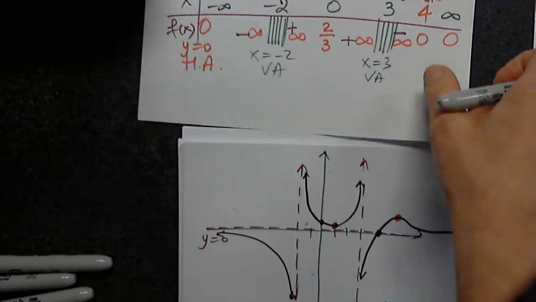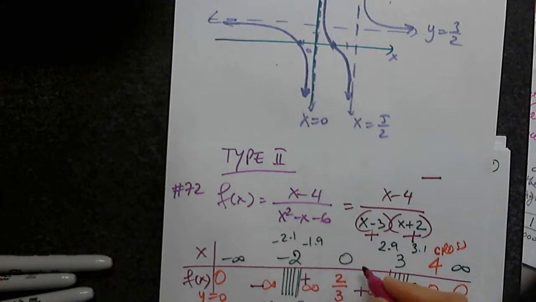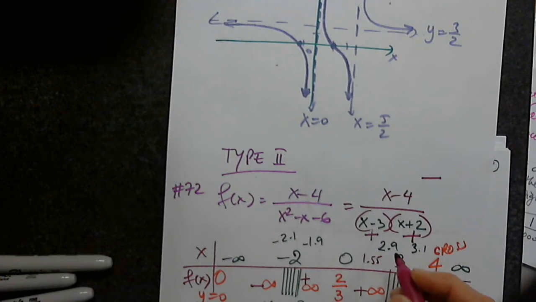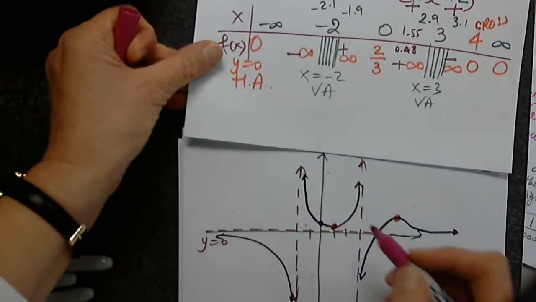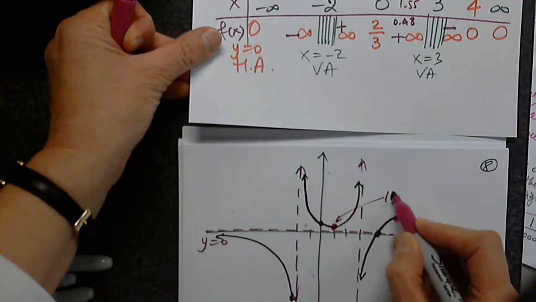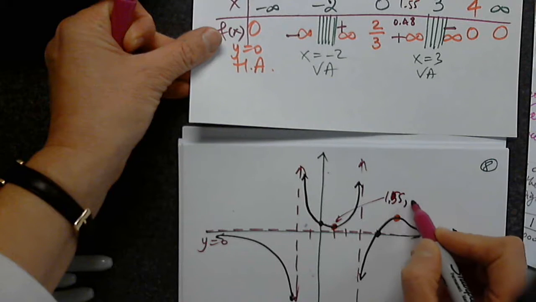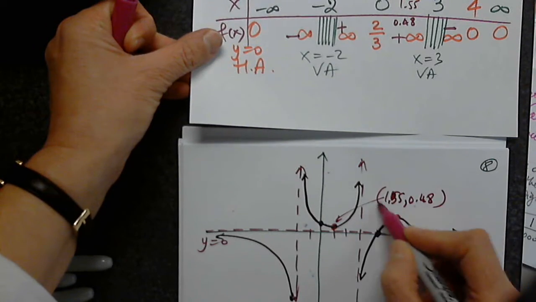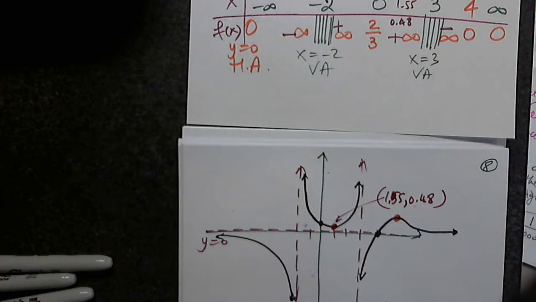I put it in the chart. So at 1.55 is 0.48. So this is the minimum. So 1.55, comma 0.48. And now I'm going to decide where it's lying to me.